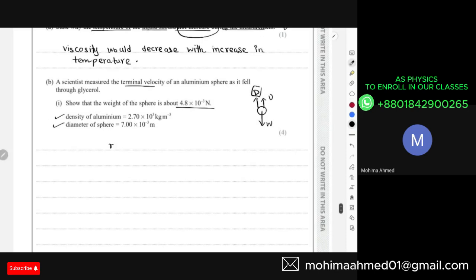So using the equation m equals rho v, and from there, rho is what? Density of the aluminium is 2.7 into 10 to the power 3. Whatever the diameter of sphere is, that will give you the volume of the sphere. So volume of the sphere is 4 by 3 pi times 7 into 10 to the power minus 3 divided by 2, everything under a cube. This will give the value for your mass.